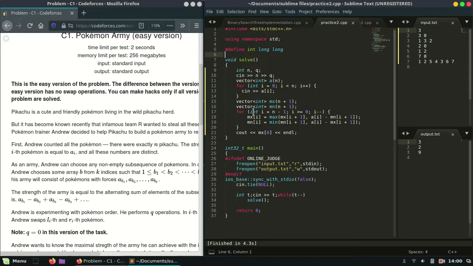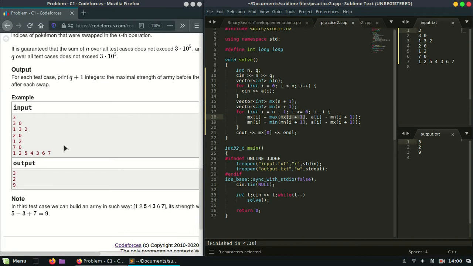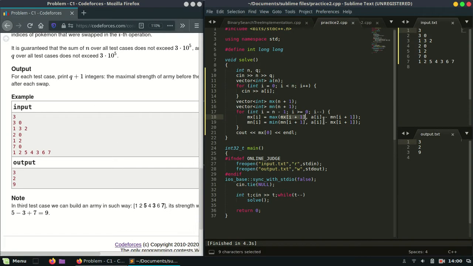So I have taken a max array. The ith element will be the max of the i plus 1th element, comma, the ai element minus the mx i plus 1.